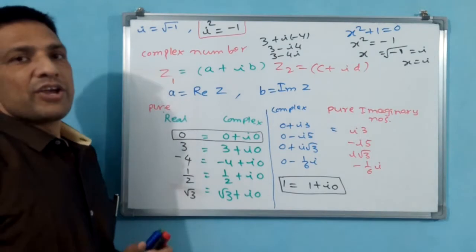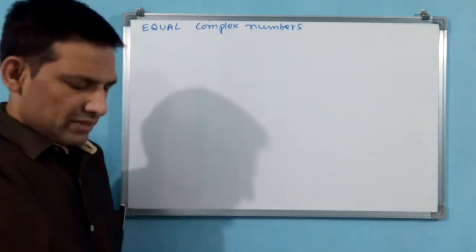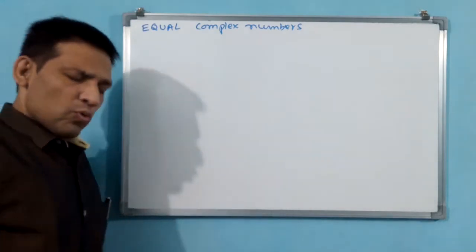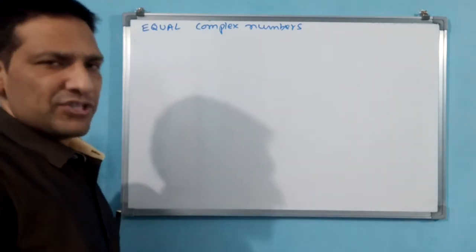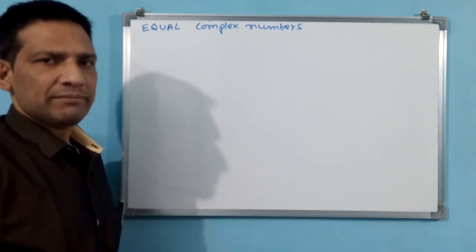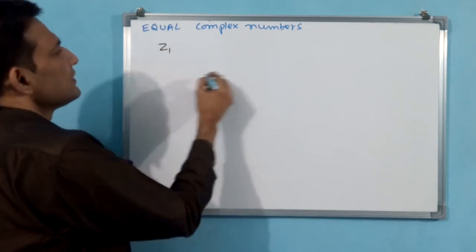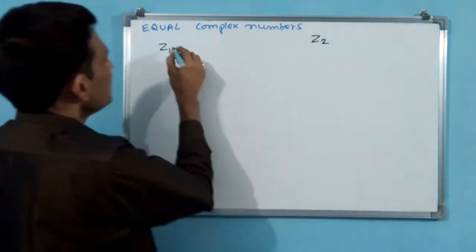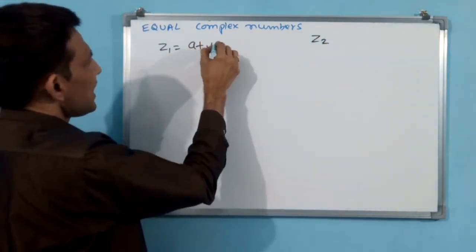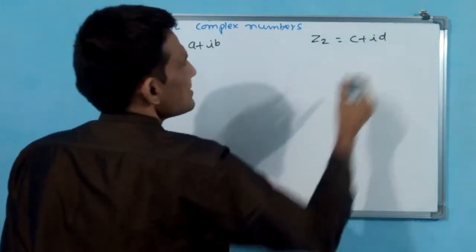Okay. Now let us see equal complex numbers. See, two complex numbers are there, Z1 and Z2. Then how can we say these two complex numbers are equal? Okay, let us write. See, this is Z1, this is Z2, and here A plus IB is there. Here C plus ID is there.